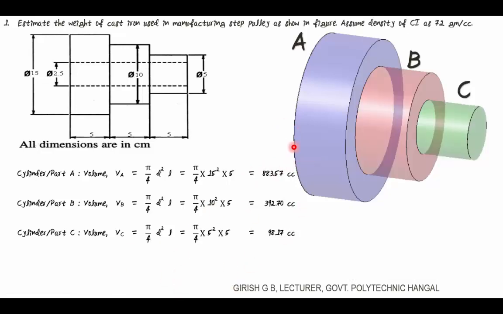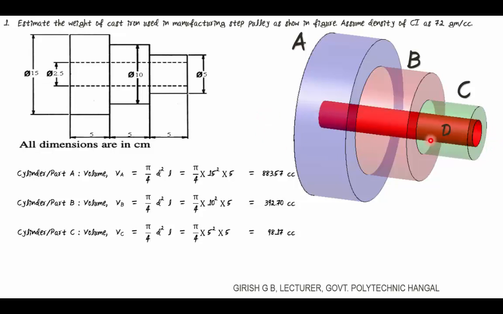Let's do the calculation for part D, which is a cylindrical hole. It is a cylindrical hole, hence the same formula can be utilized for calculating the volume, which is pi by 4 d square into L. Substituting the values for D, that is diameter 2.5 centimeter and length is 5 plus 5 plus 5, which is 15 centimeter.